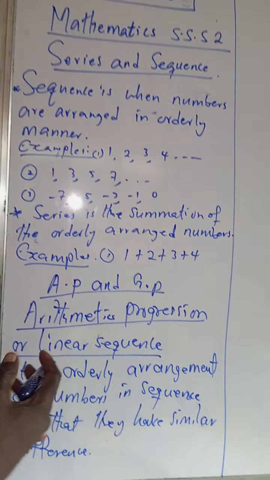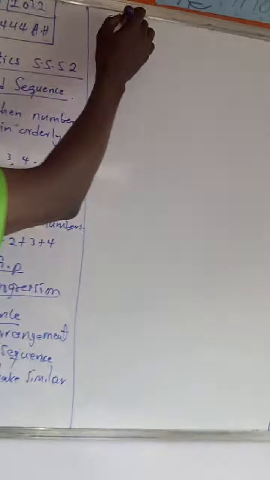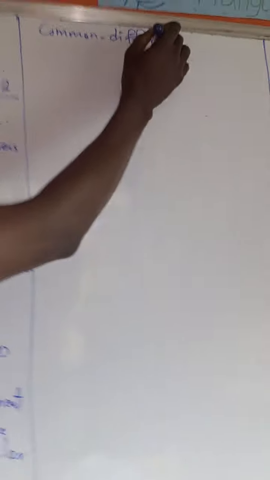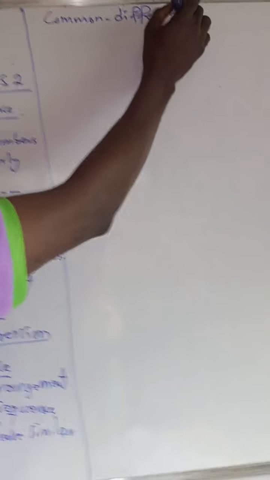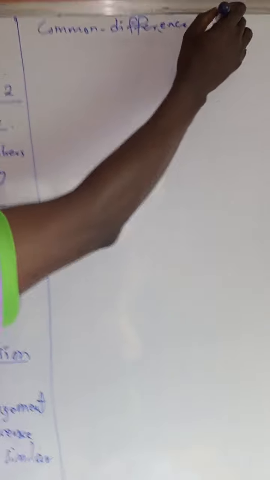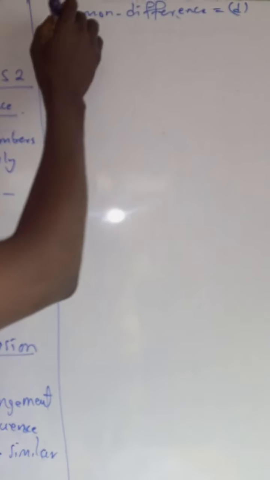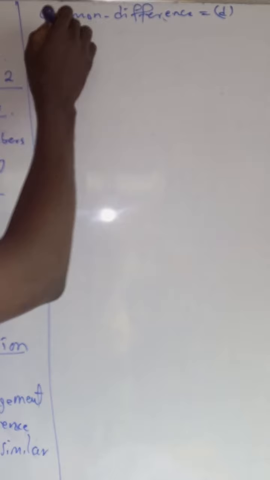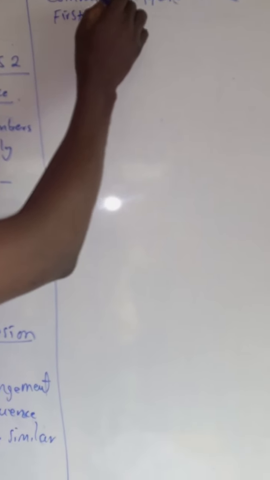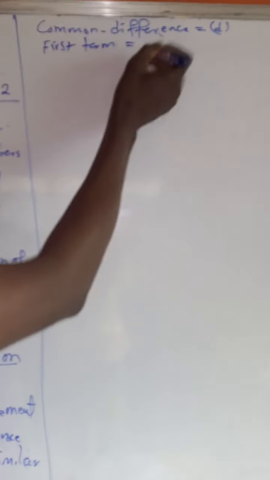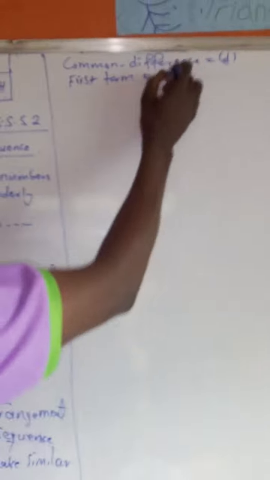And under AP, the similar difference is called the common difference. It is denoted by D. And we have what we know as the first term, which is denoted with A.